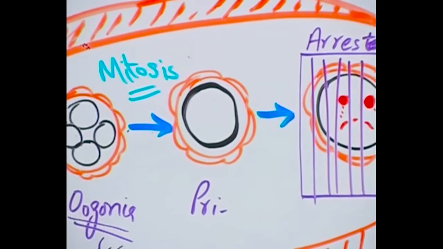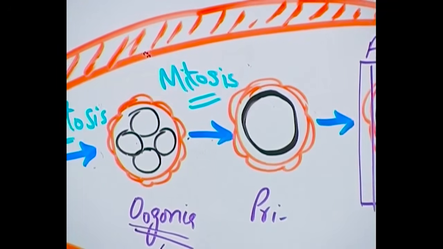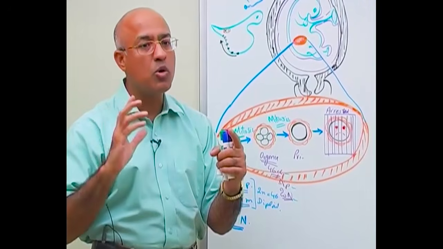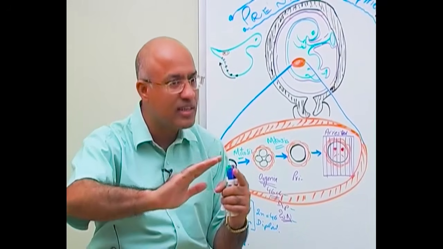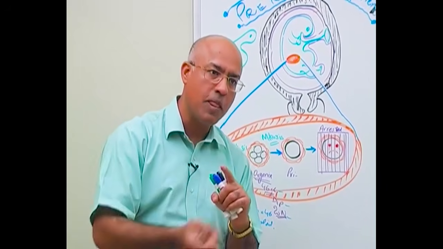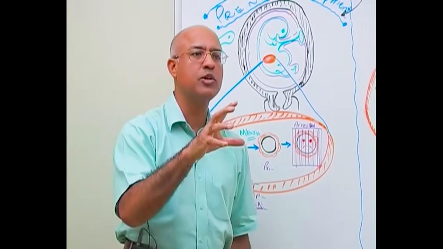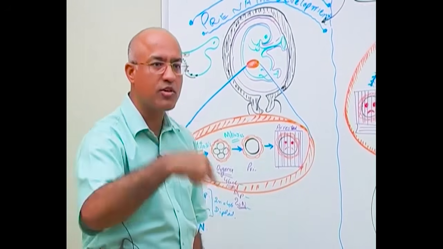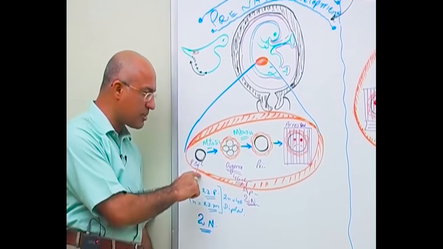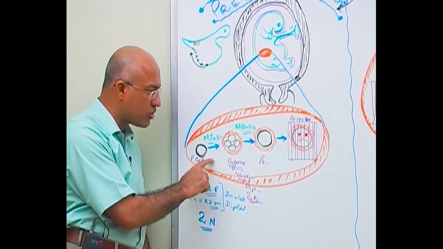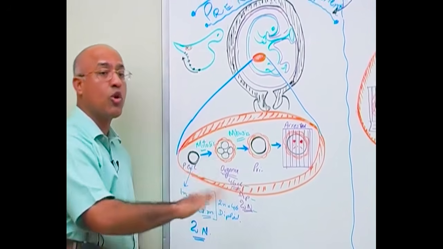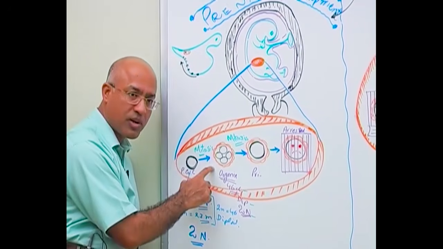When I say oogonia convert into primary oocyte, I mean that oogonia are no longer undergoing mitotic division once they are transformed into primary oocyte, because primary oocyte will start the process of meiosis. Let me repeat it. Primordial germ cells repeatedly undergo mitosis and produce a lot of oogonia, and oogonia produce many more oogonia by mitosis.